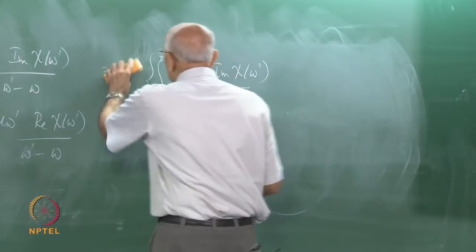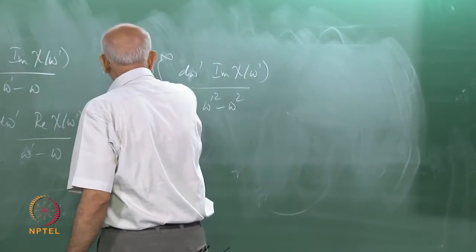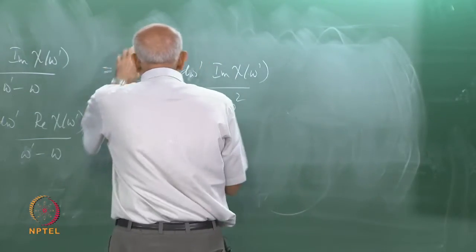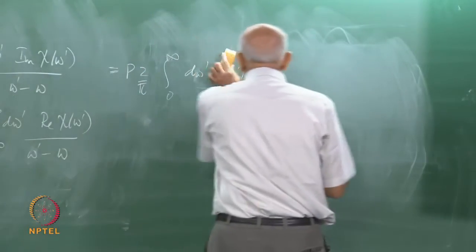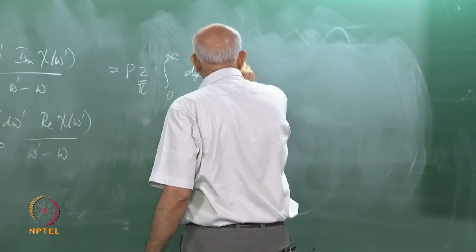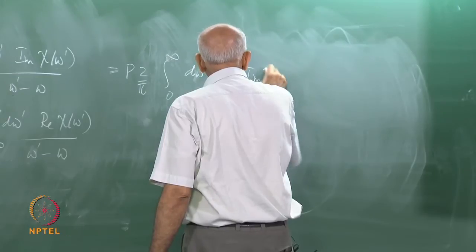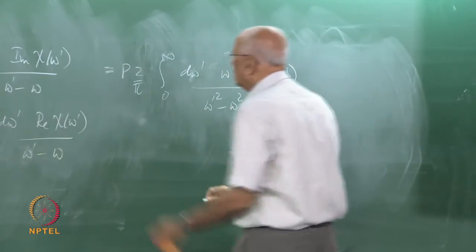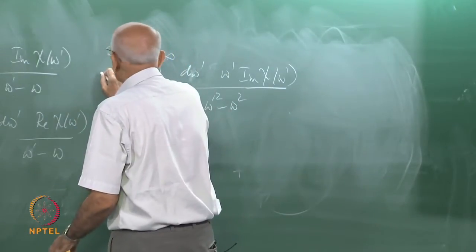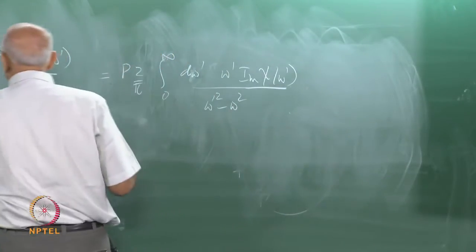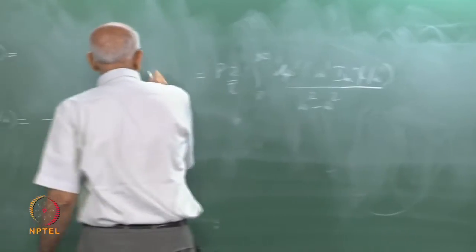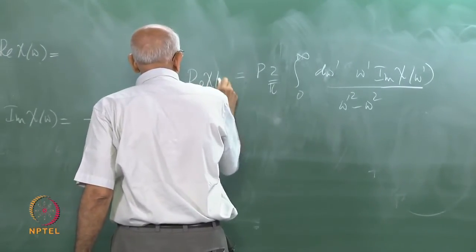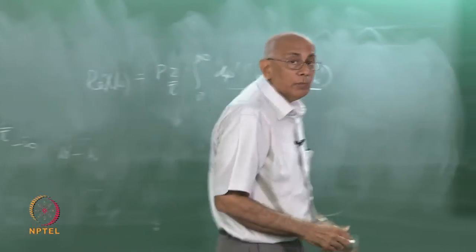So it's principal value 2 over pi, this guy goes away and I get omega prime imaginary chi of omega prime. This is equal to the real part. So now we are fine.